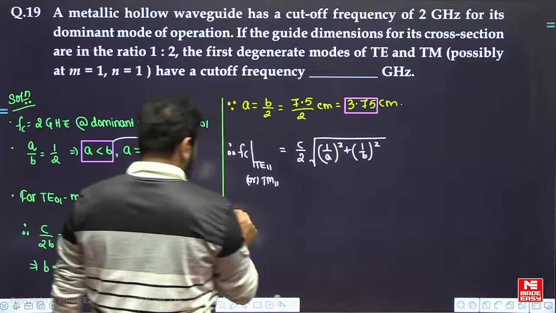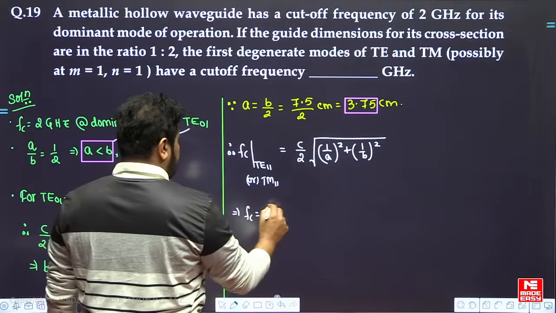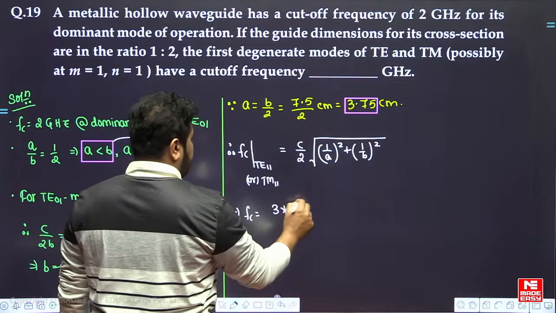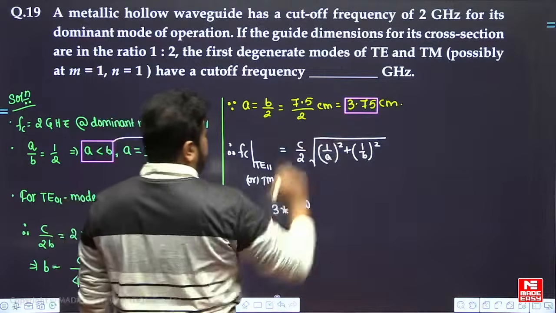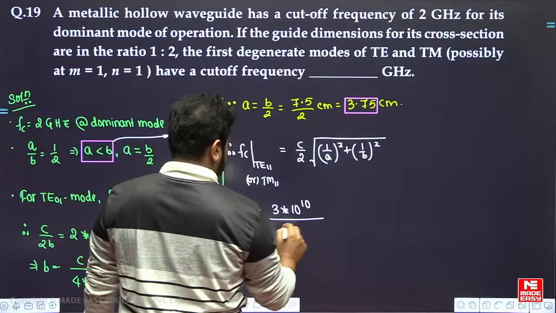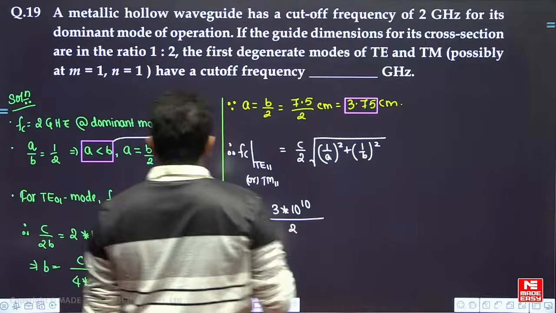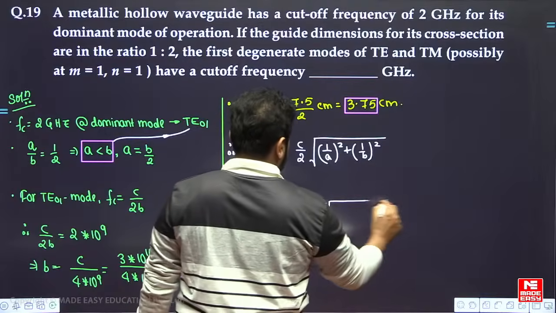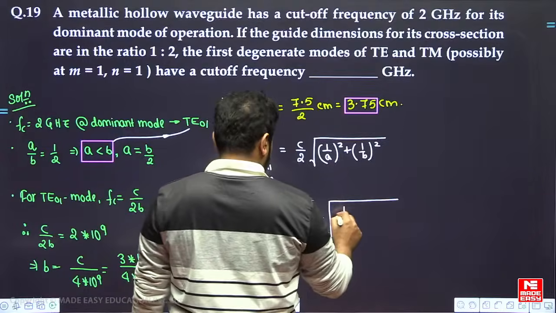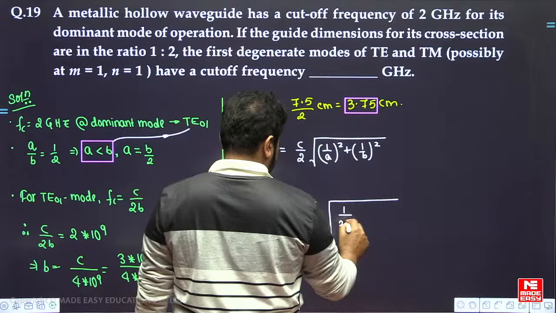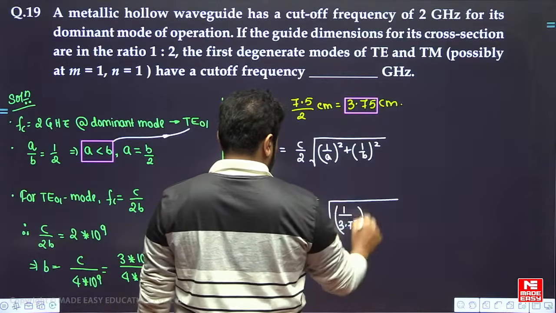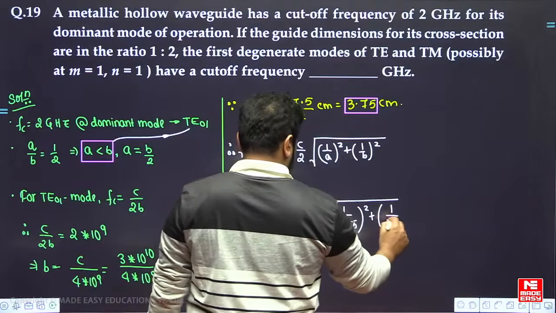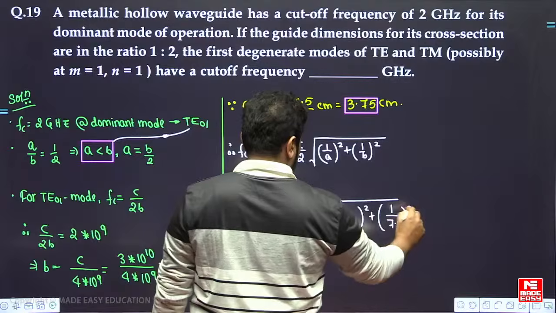Fine. So, cutoff frequency, it will become 3 into 10 to the power 10, because you have taken it in centimeter, divided by 2 root under 1 by A, 1 by 3.75 whole square plus 1 by 7.5 whole square.